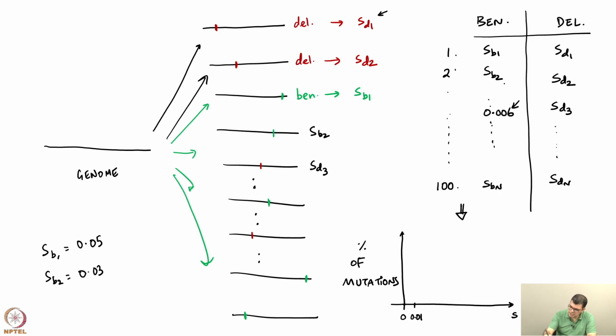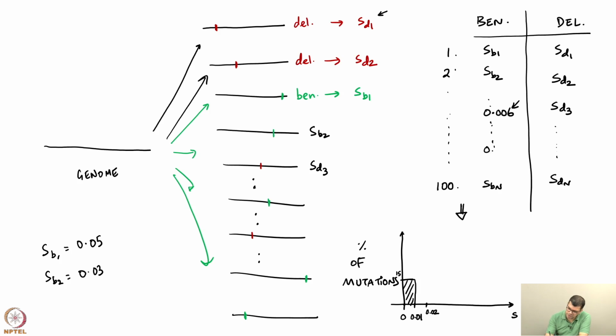So, among these 100 we count how many have a selection coefficient which is between these two numbers, and let us say the number is 15 out of 100. So, 15% mutations confer benefit between 0 and 0.01. Next we ask how many of these mutations confer a benefit between 0.01 and 0.02.